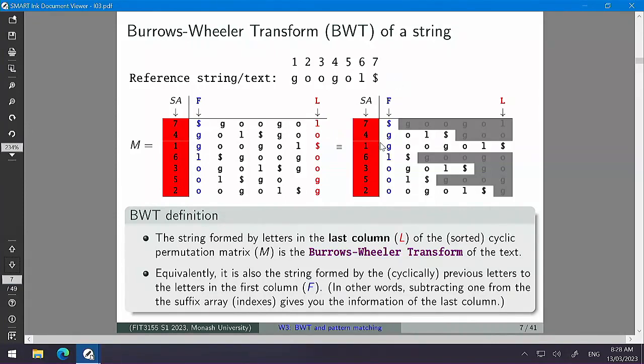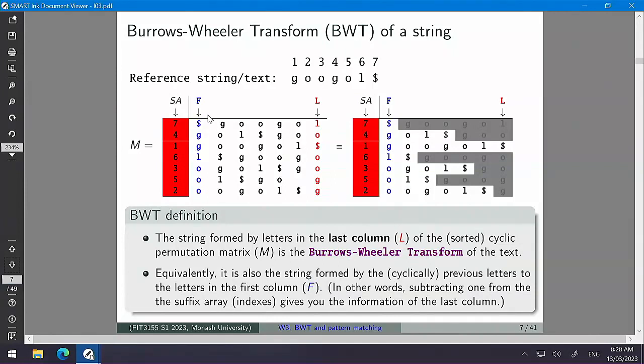In terms of proximity, this last column is cyclically before the first column. If you go this side, you come back to the front, isn't it? So this last column is one column before the first column in a cyclic sense, in a circular sense. Everyone clear? Anybody doesn't understand that statement? Okay?